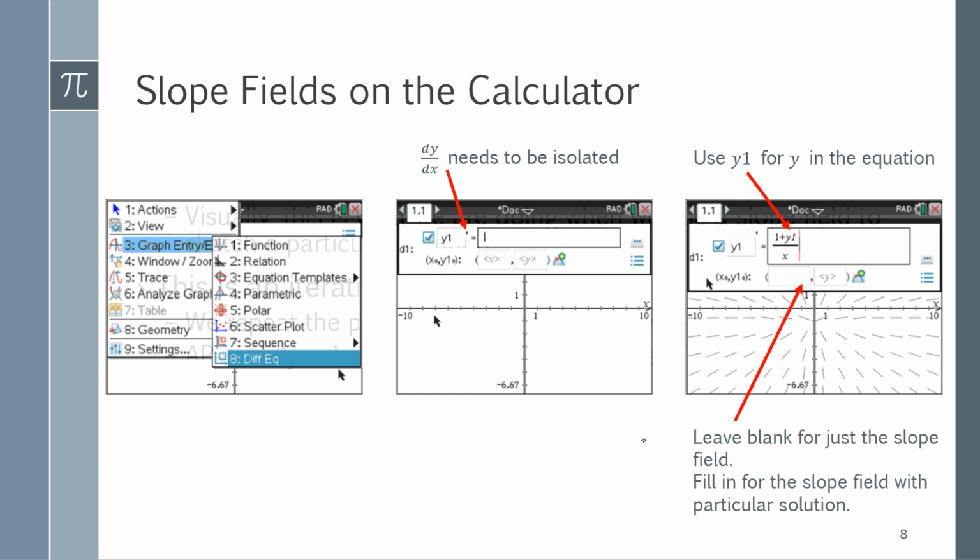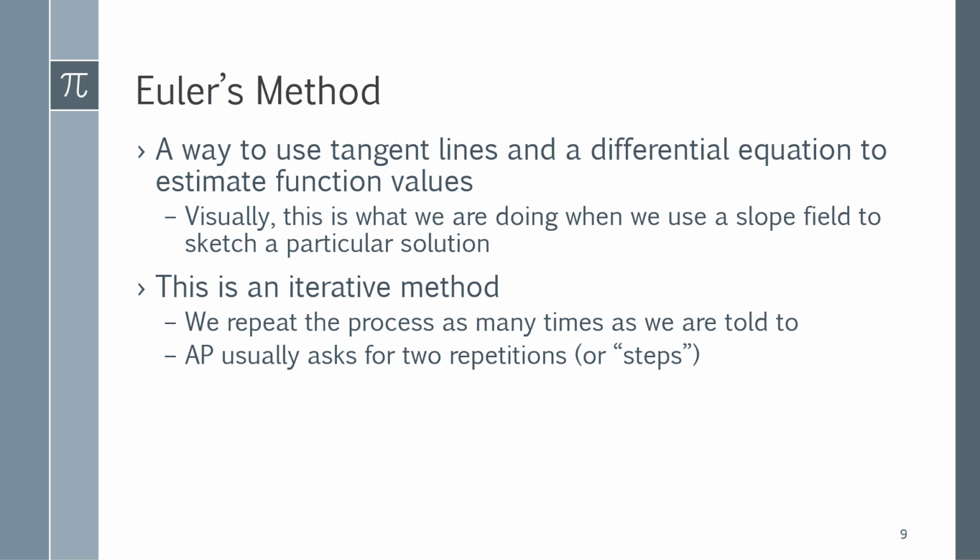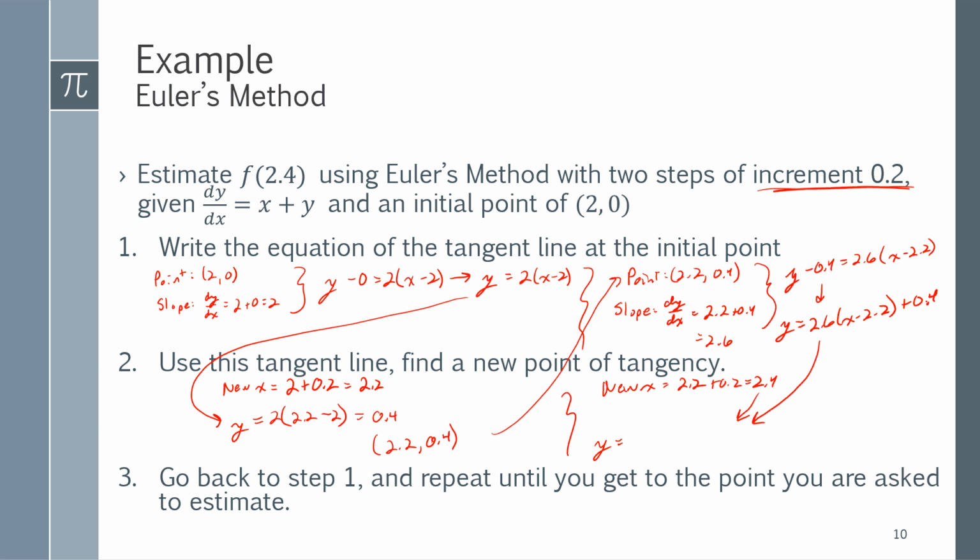So y is equal to 2.6 times (2.4 minus 2.2, which is 0.2) plus the 0.4. 2.6 times 0.2 is 0.52, plus 0.4, which is 0.92. So my new point is (2.4, 0.92).